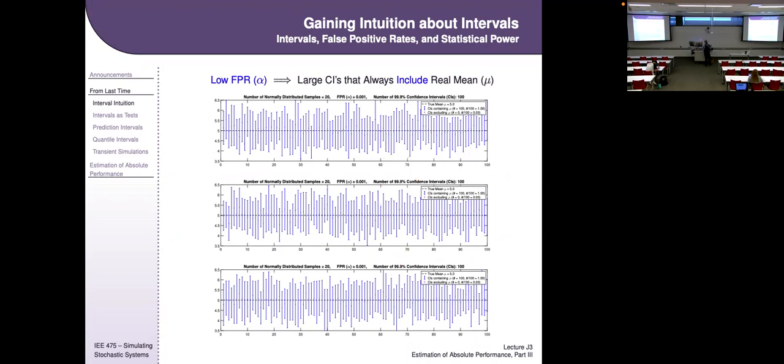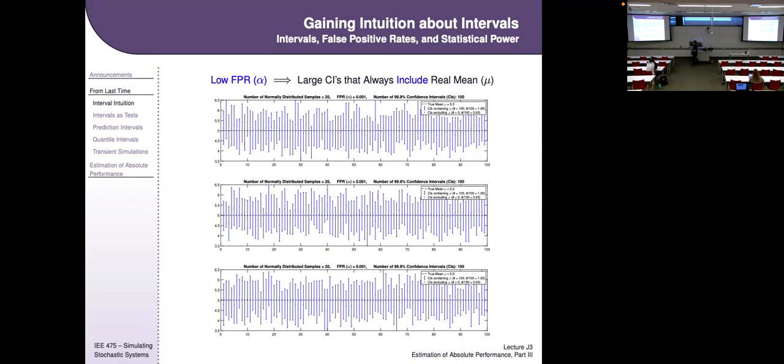So that's another key point I want to make. As you increase the percentage in your confidence interval, like in this case, this is almost 100%, the confidence interval gets really big. And what that does is it helps ensure that almost all the time, the mean will truly be inside the confidence interval. The downside is you have very little sensitivity.